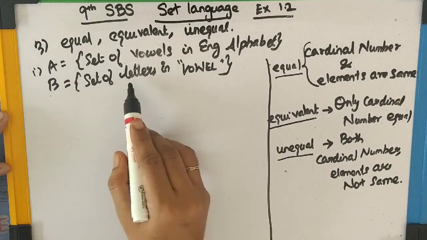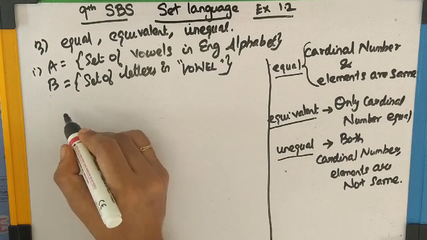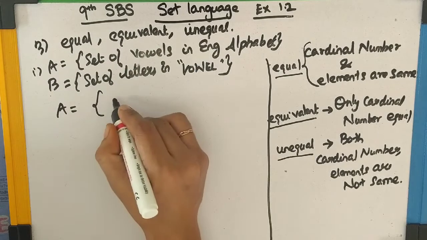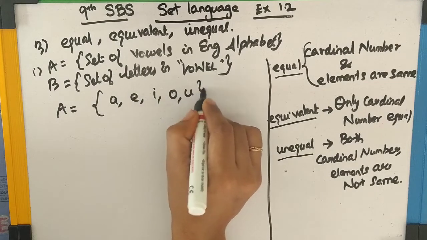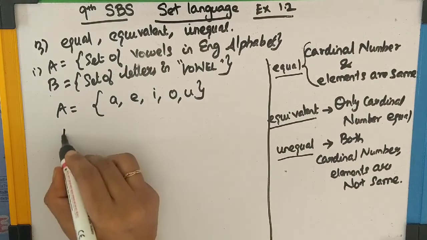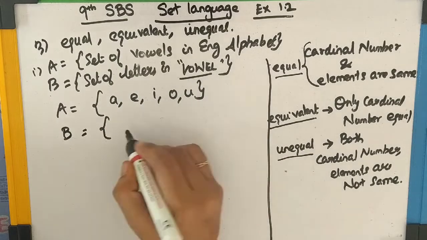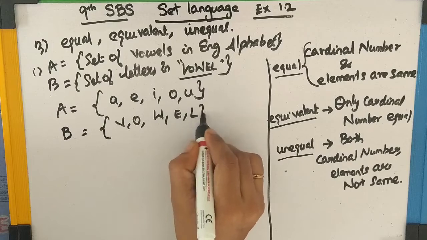Now, A is equal to the set of vowels in English alphabets and B is equal to the set of letters in the word vowel. First find A. A is the set of vowels, that is A, E, I, O and U. Set B is the set of letters in the word vowel. So, V, O, W, E and L.